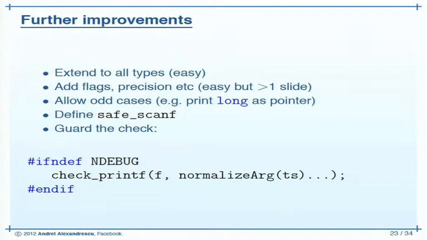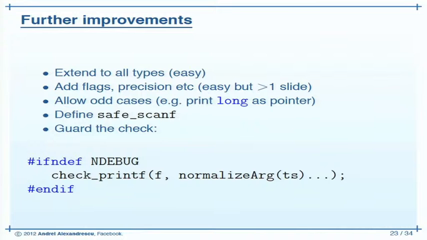Very efficient. And actually, I told you, we can say, well, ifdef debug, all those good things. We could extend to other types. We can add flags, and this is really simple. It's just the basic formatter. We could add flags and precision, and all those good things that printf supports in its format string.